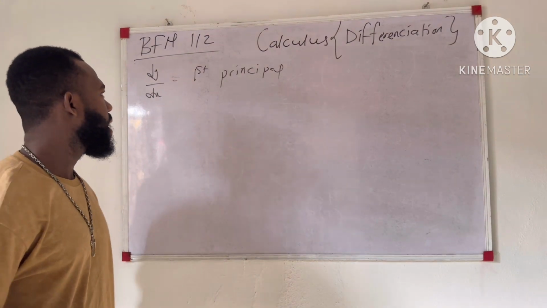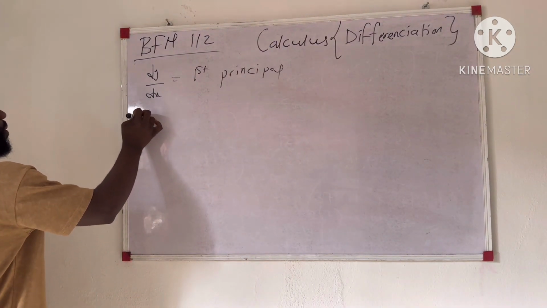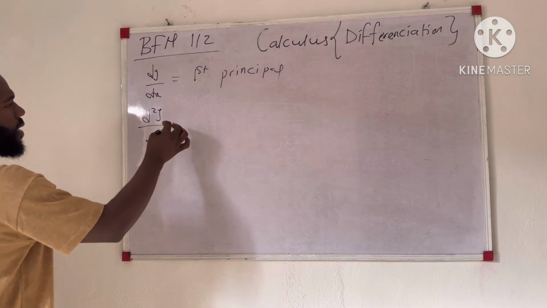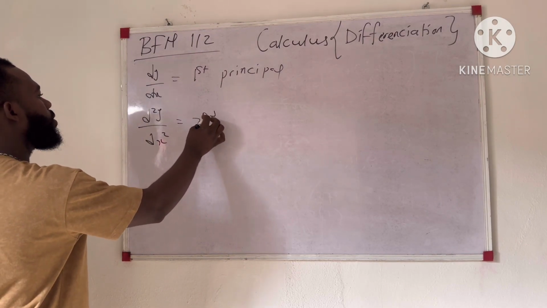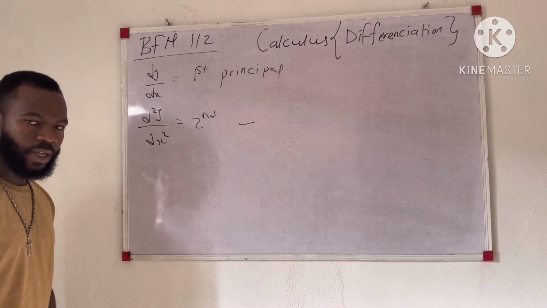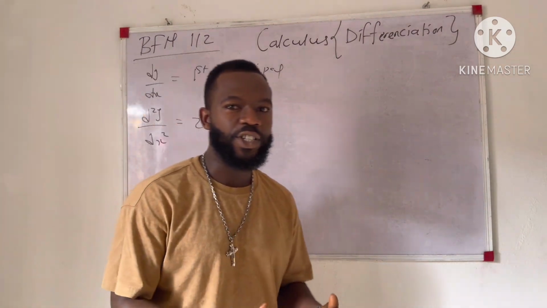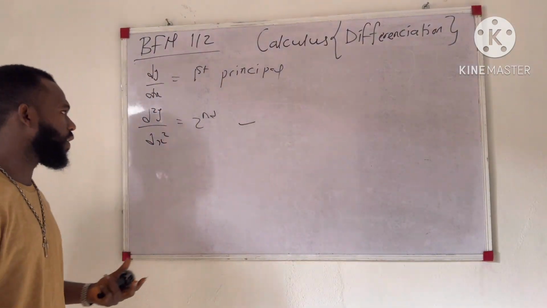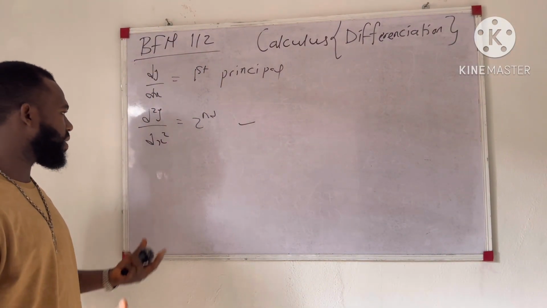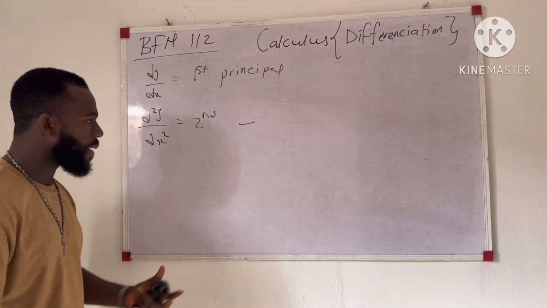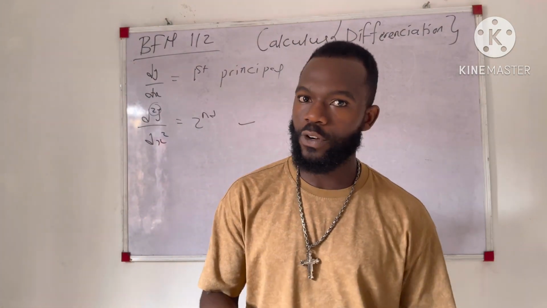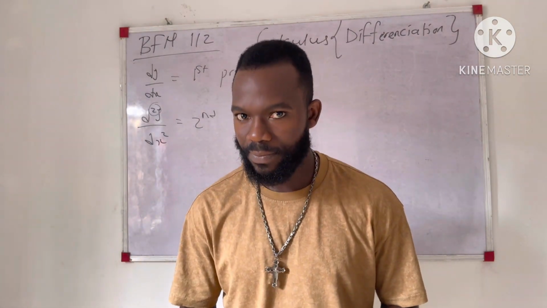Then we also have things like d²y over dx², which simply refers to the second principle. You can get the value by differentiating 2 times, and so on and so forth, like d³y over dx³, d⁴y over dx⁴. What you have here tells you the number of times you differentiate the function that is given.